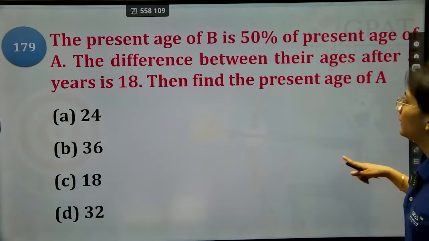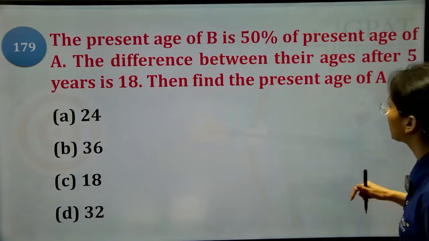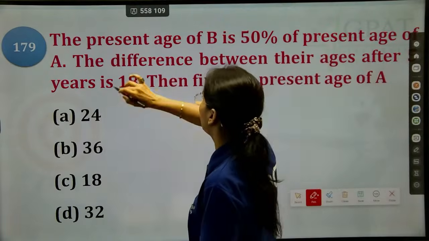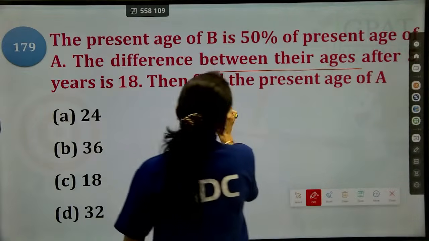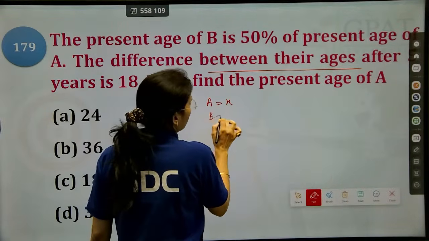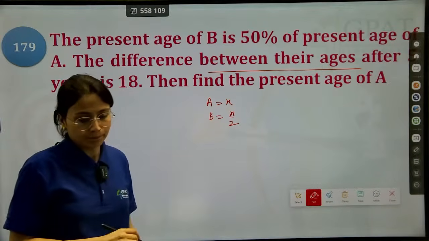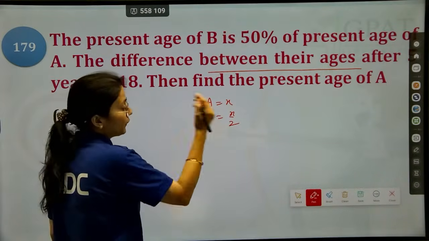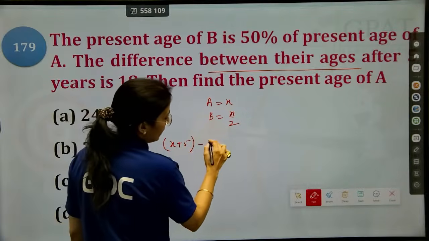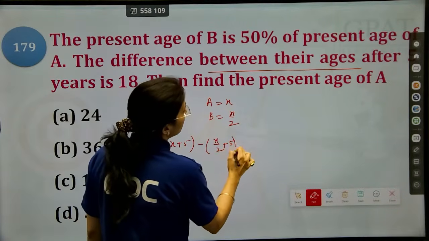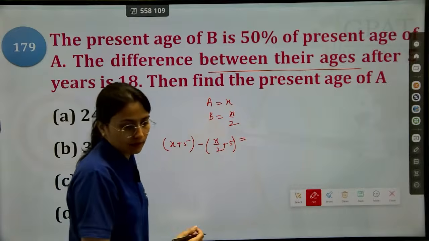Next, the present age of B is 50% of the present age of A. The difference between their ages after 5 years is 18. If A is x, then B is 50%, that is x by 2. Now after 5 years, that is x plus 5. And the difference, x by 2 plus 5, is equal to 18.